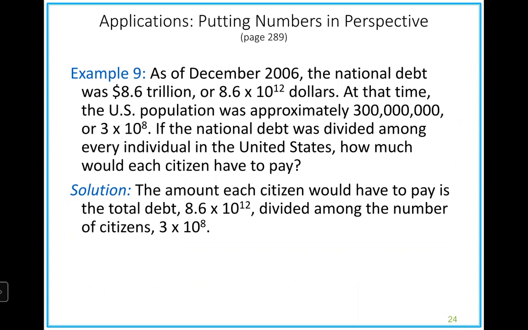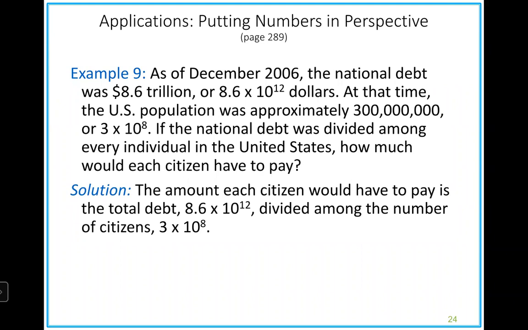This applies to the US, where they talk about the national debt. They wanted to figure out, based on the national debt and the population of the country, which they have as 200 million, how much each citizen would have to pay if every citizen was responsible for paying off the national debt.